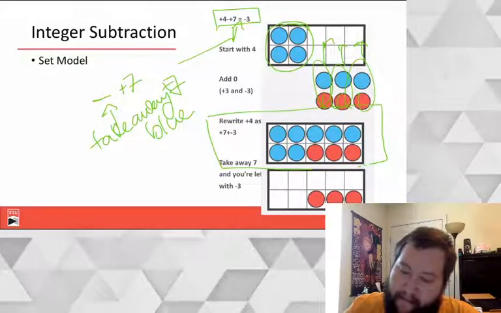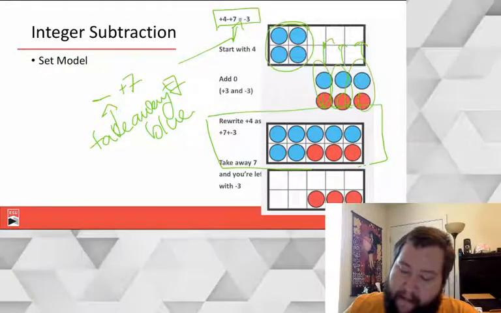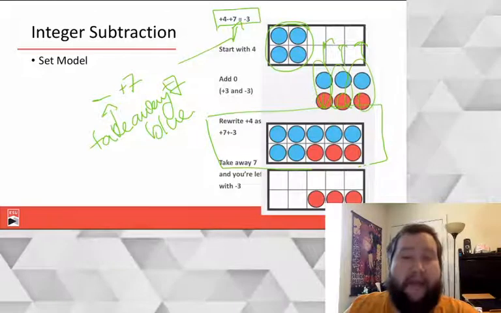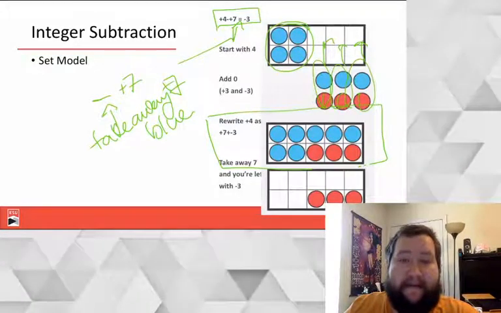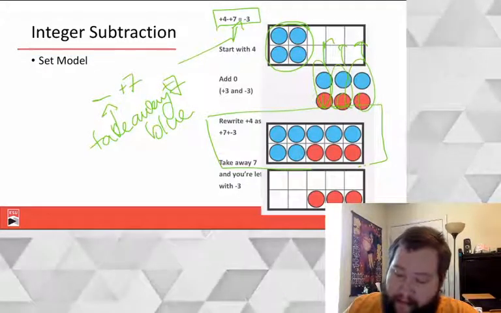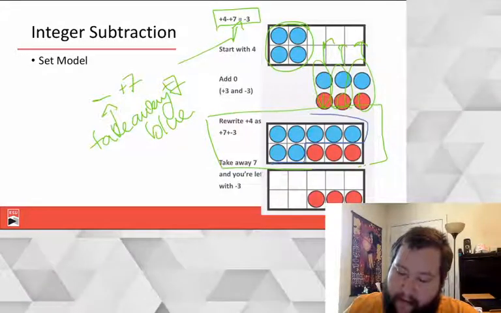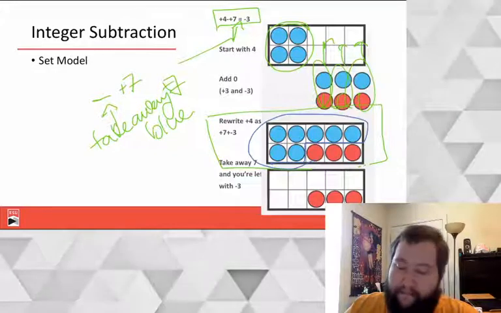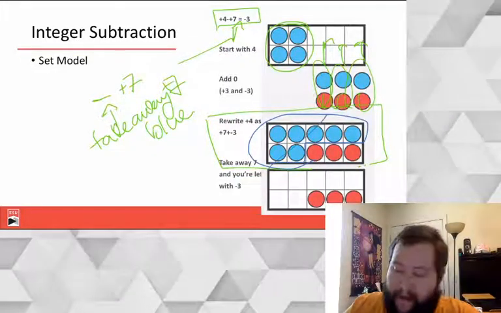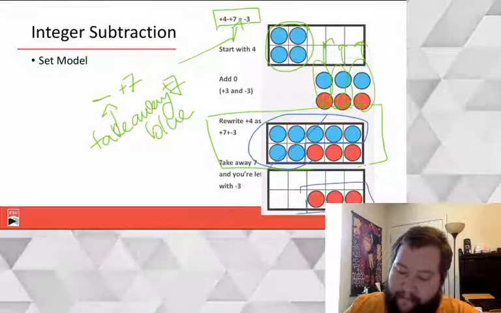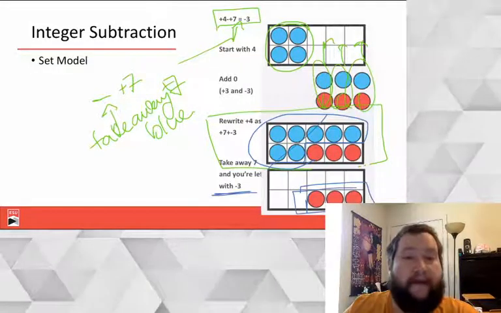Because now, instead of circling my zero pairs, I want to take away my 7 blues. So I have 2, 4, 5, 6, 7, take away all of those blues. And what am I left with? I'm left with 3 red. Red is negative.